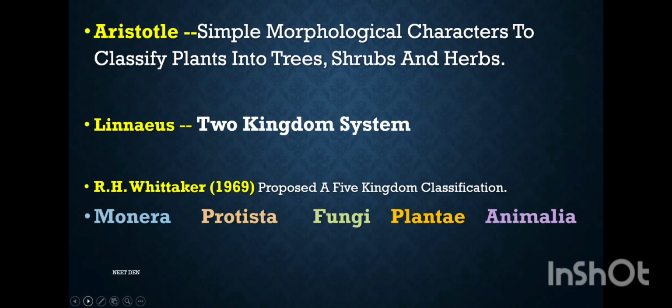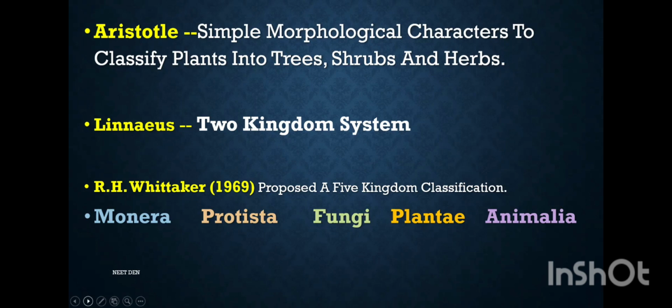Then Linnaeus came up with 2 kingdom classification, which only consisted of kingdom Animalia and kingdom plants, but it did not differentiate between unicellular and multicellular organisms. It did not differentiate between eukaryotes and prokaryotes. It also did not differentiate between the photosynthetic blue-green algae and non-photosynthetic fungi, and so on and so forth. So it had many flaws.